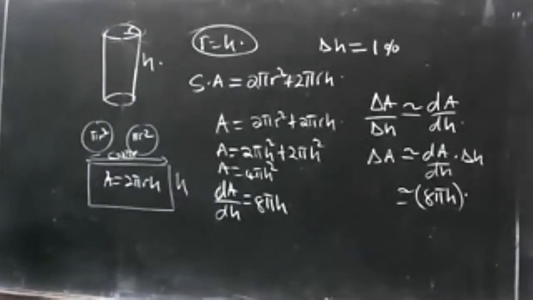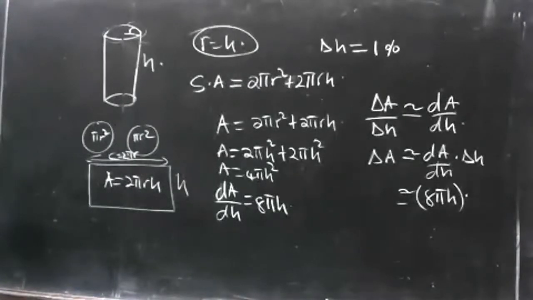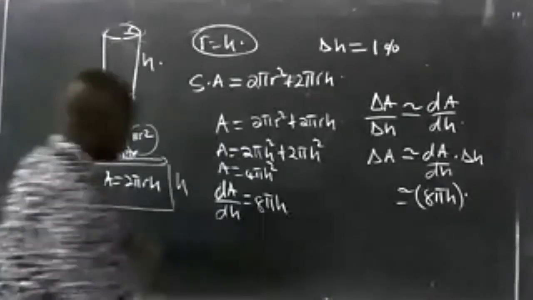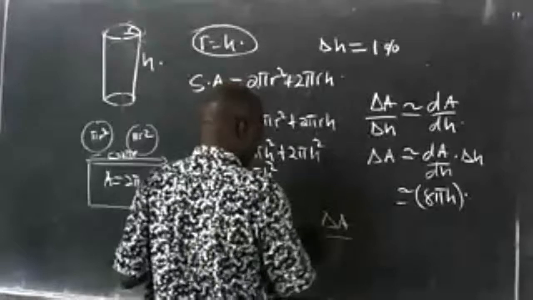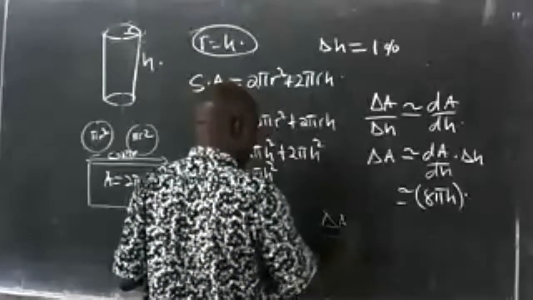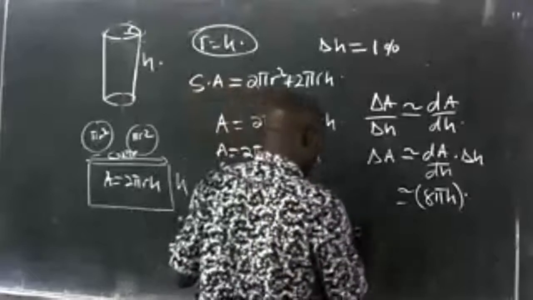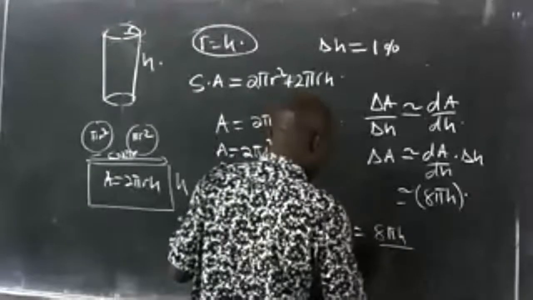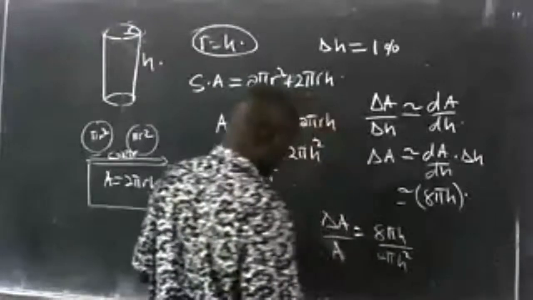Okay. Have you recovered? Yes, teacher. So now we are looking at delta A over A. We shall have now 8 pi h divided by 4 pi h squared.